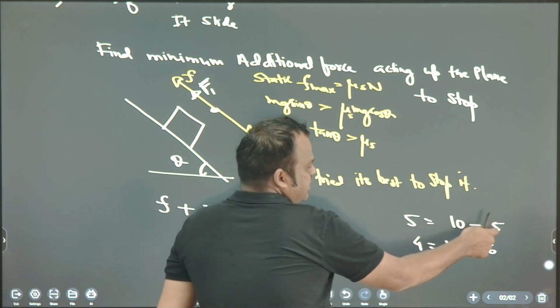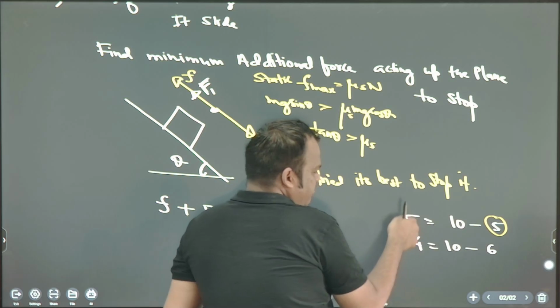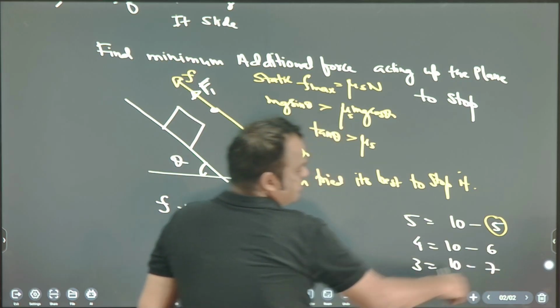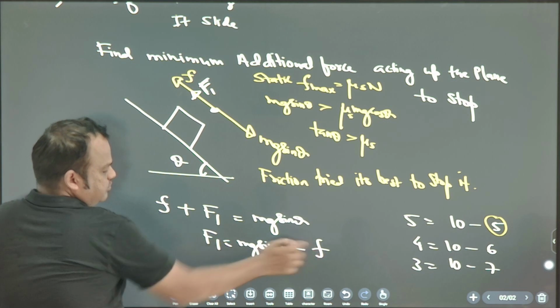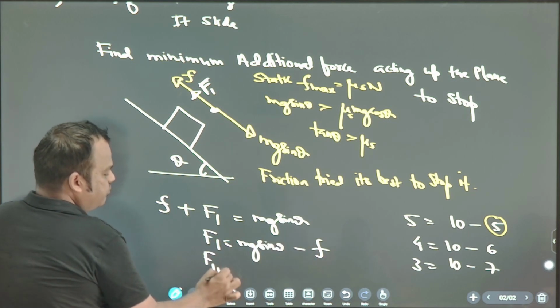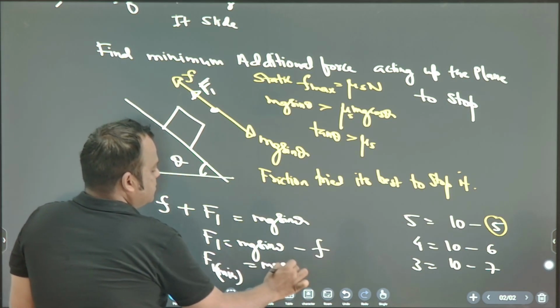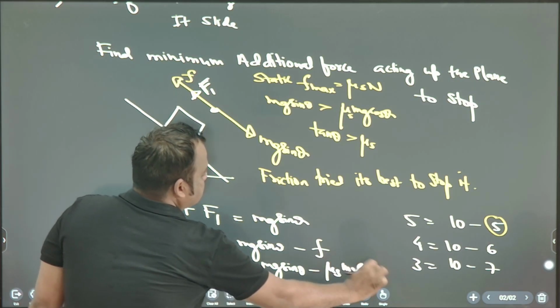So when this number is more, this number is less. 3 can be written as 10 minus 7. So this is minimum when this is maximum. So tell me, what is the minimum value of F1? Mg sin theta minus mu s mg cos theta. Okay, so this is the answer.